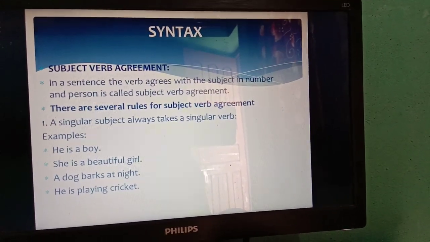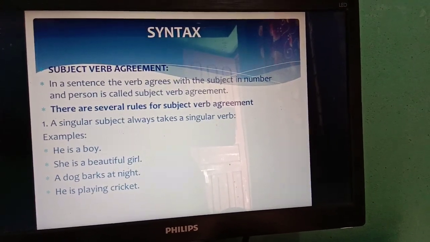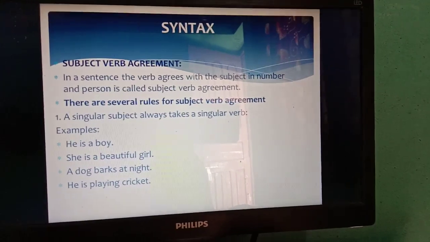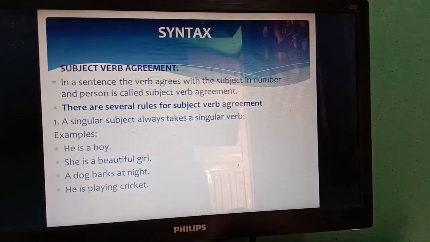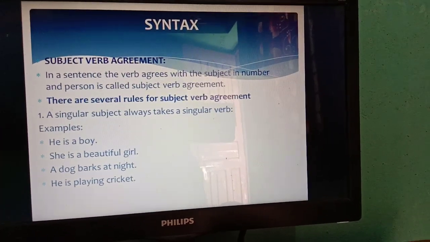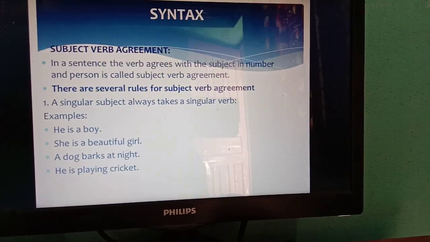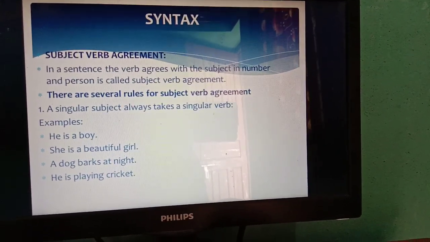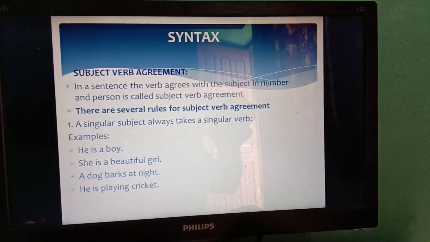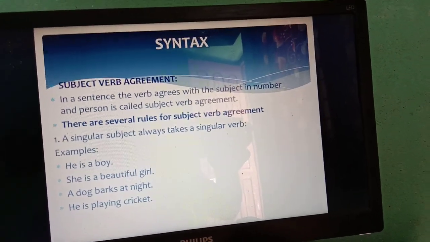The second person singular number is you and plural number is again you. The third person singular number is he, she, it, or any names, and the plural number is they and them. So these are the basic knowledge about the numbers that you must know.